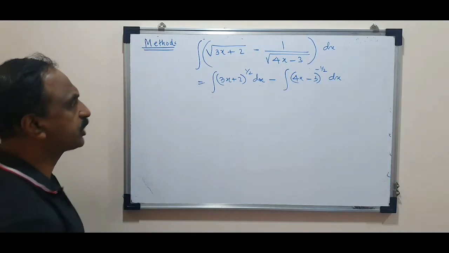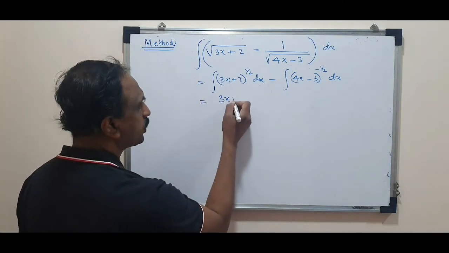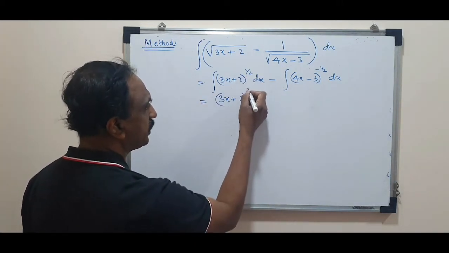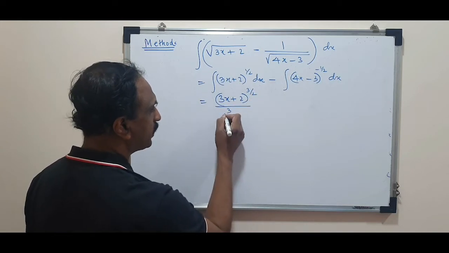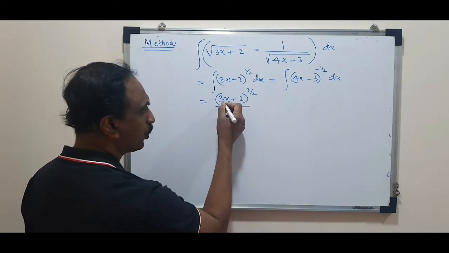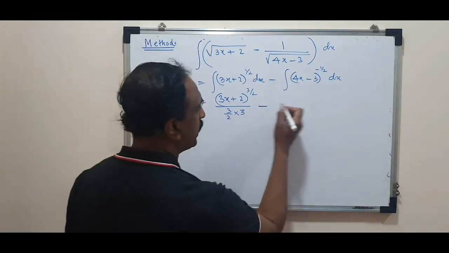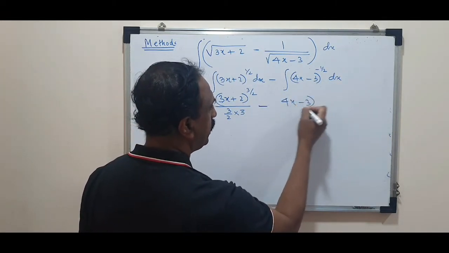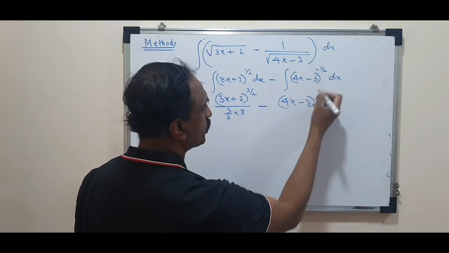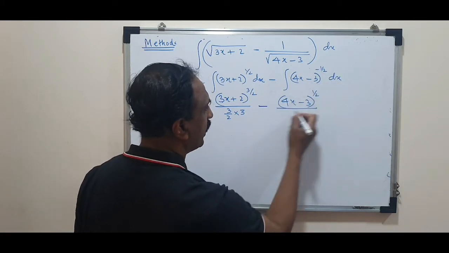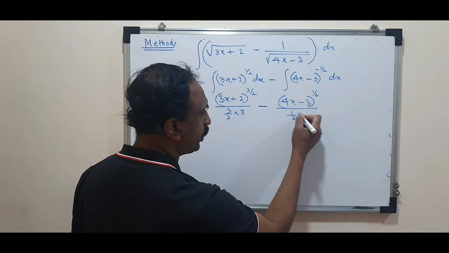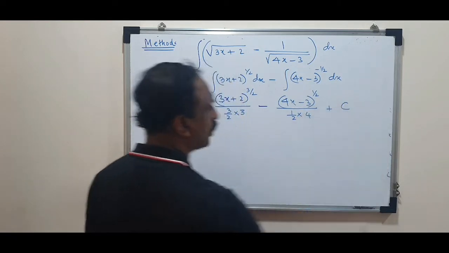So my answer would be (3x plus 2) raised to, increase the power, 3 by 2, divided by 3 by 2 into the coefficient of x. Do not forget the coefficient of x. Minus (4x minus 3) raised to minus half plus 1, which will give you plus half, divided by half into the coefficient of x, plus the integral constant.